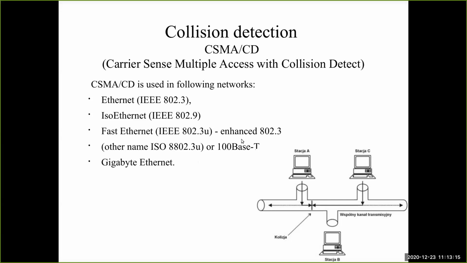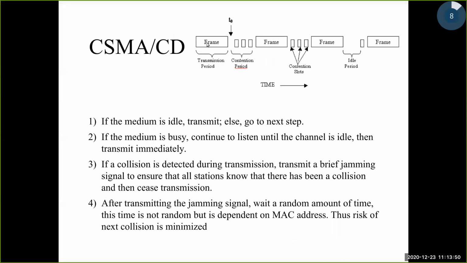How is it done? If a particular node starts to send data, it verifies whether data which were sent to the bus are the same as data which are read from the bus. So the process is the same as for collision avoidance, but the reaction is different.